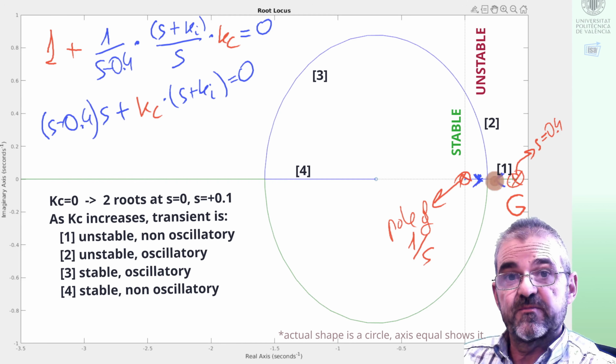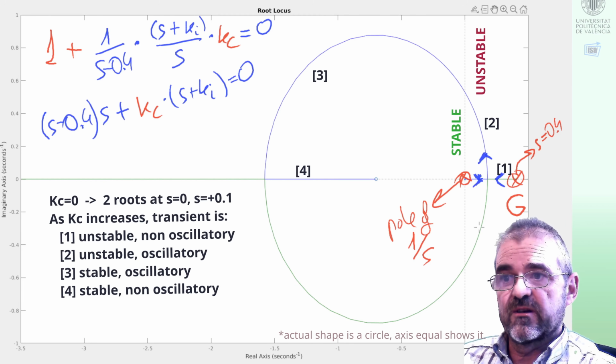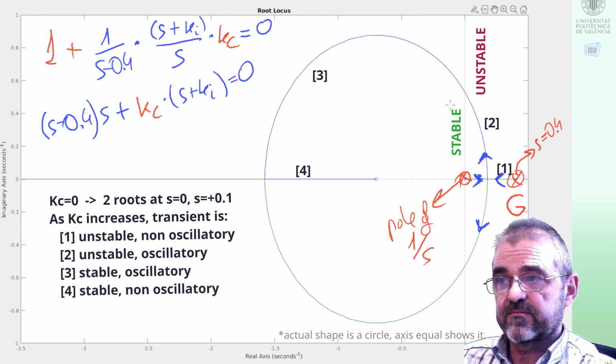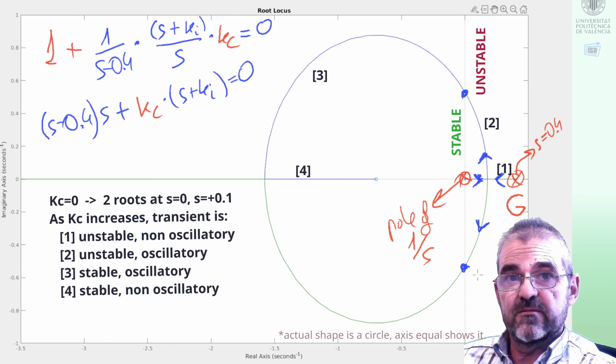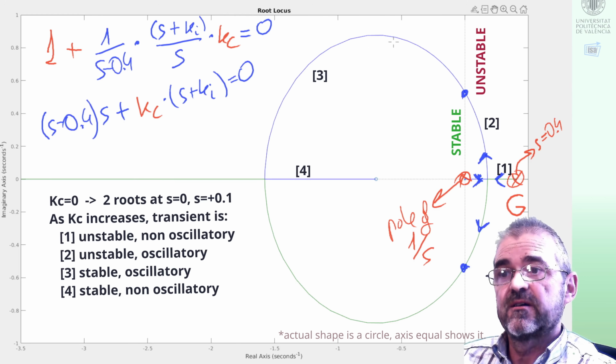And for instance, in here, roots will start being unstable, non-oscillatory. Then they will be unstable but oscillatory. In here, they will be marginally unstable, oscillatory.